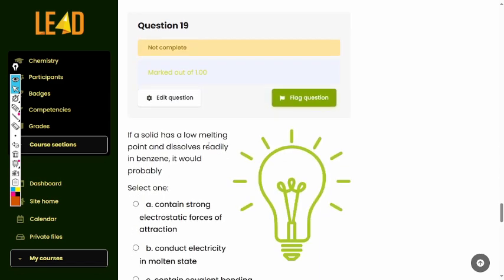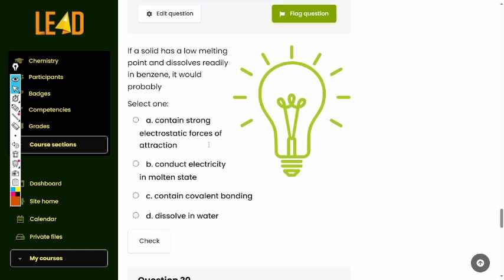Question 19. If a solid has a low melting point and dissolves readily in benzene, it would be... Compounds that have low melting points exclude ionic compounds, so it's most likely going to be a covalent compound. Now, it readily dissolves in benzene. Benzene is a non-polar solvent, and covalent compounds can dissolve in non-polar solvents.